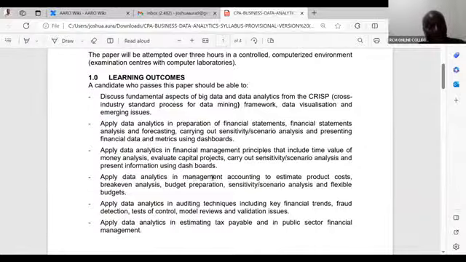Learning outcome number 4: apply data analytics in management accounting to estimate product costs, break-even analysis, budget preparation, sensitivity and scenario analysis, and flexible budgets. Apply data analytics in auditing techniques, including key financial trends, fraud detection, tests of control, model reviews, and validation issues.